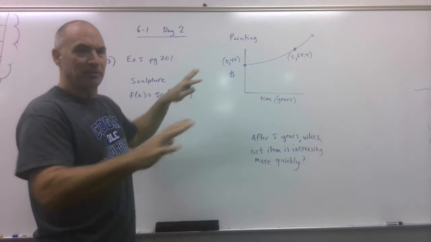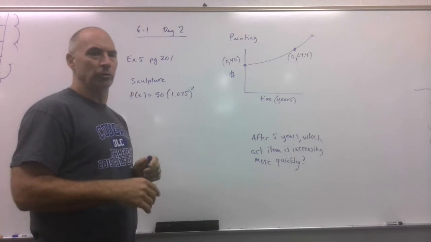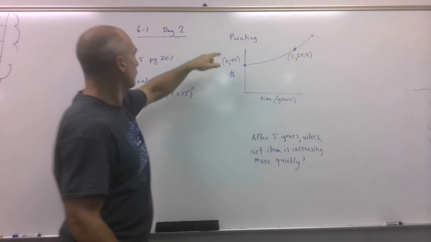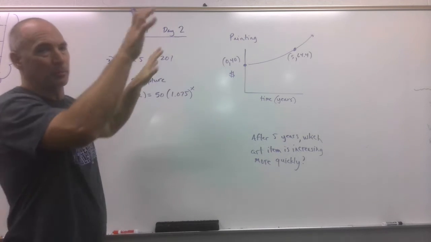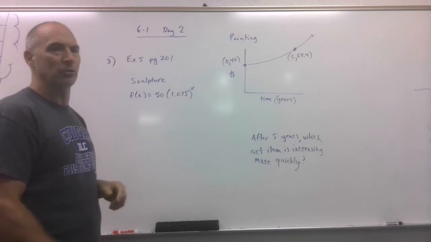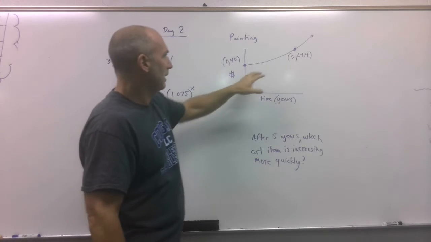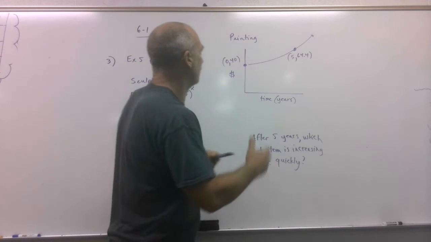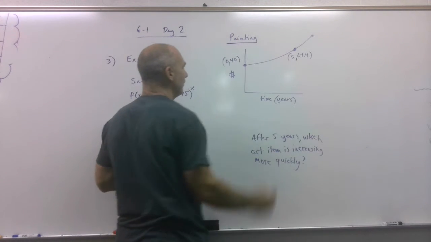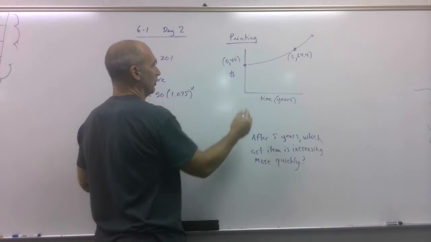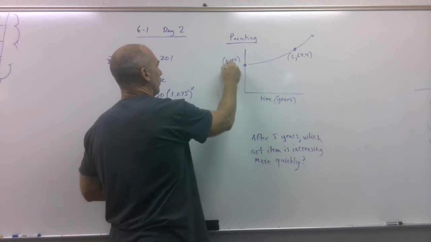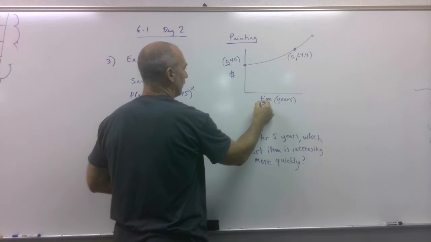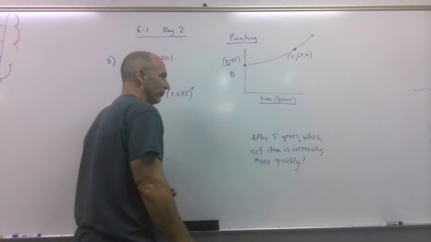So this problem's presented to you kind of uniquely. This is from example 5 from page 201. You can look at it. They've got more pictures and everything, so you can kind of lock into what they're talking about. They give you this graph of the value of a painting. So this person painted it, and they finished the painting job. So x is 0, so that's 0 years, 0 seconds.